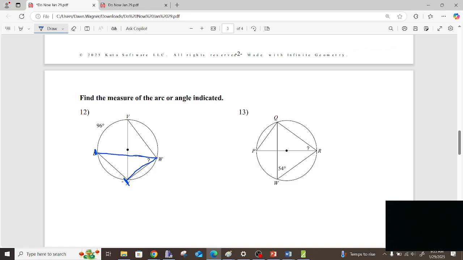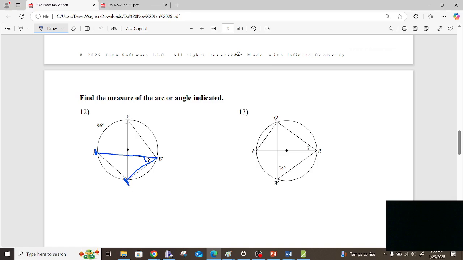If I could find this arc, all I have to do is divide it by 2 and it equals this angle. We talked about that and you all did that. You drew central angles and inscribed angles and found that it's always half. So, how am I going to find this arc here?